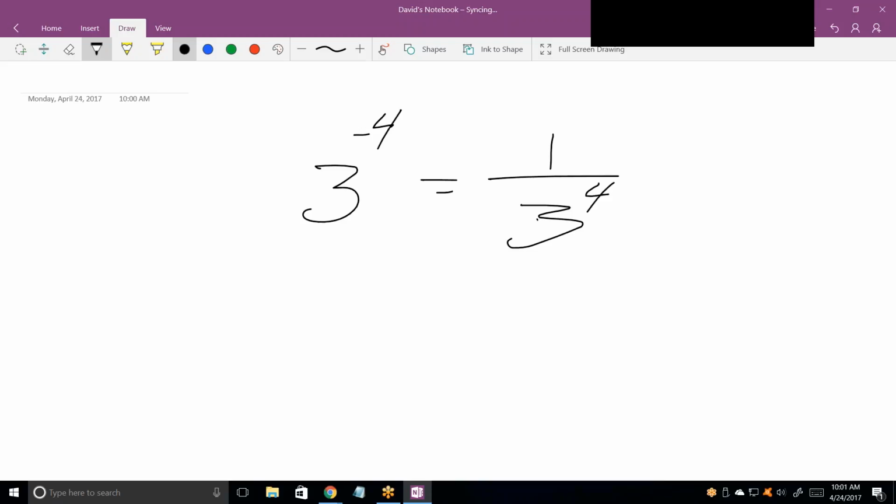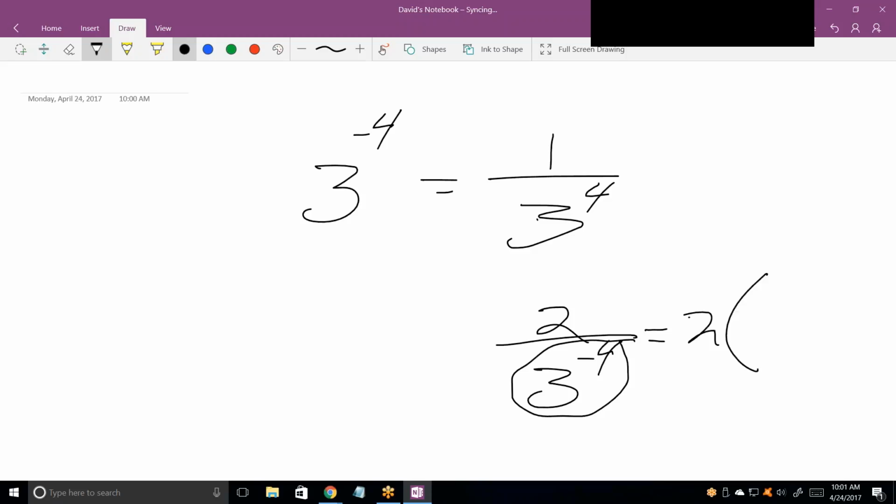And this works both ways. Not only can you move it from the numerator to the denominator, but you can go the other way. Let's say I had 2 over 3 to the -4th. I can take this 3 to the -4th and move it to the numerator, so that equals 2 times 3 to the 4th.